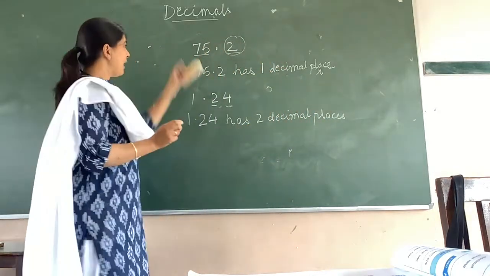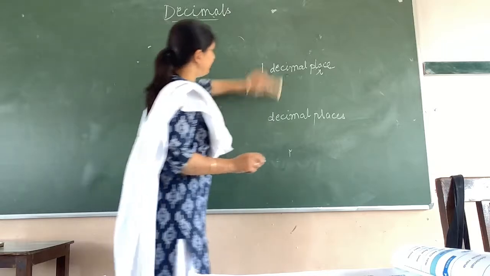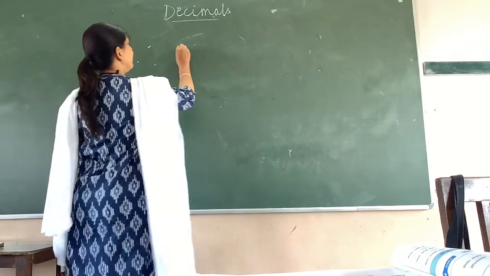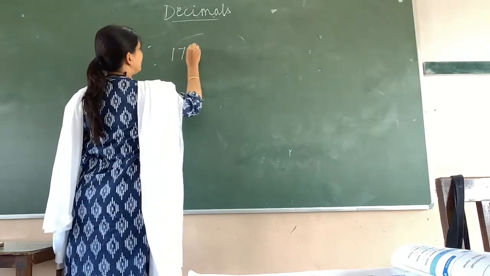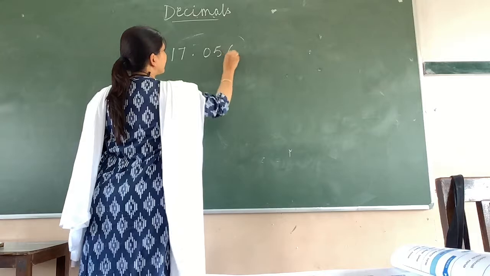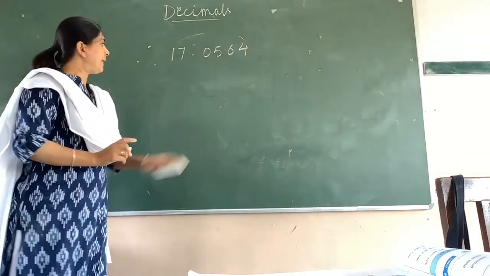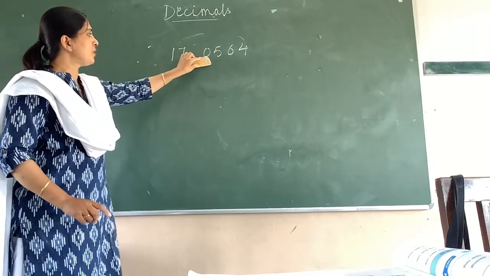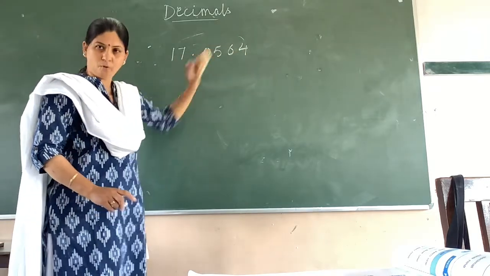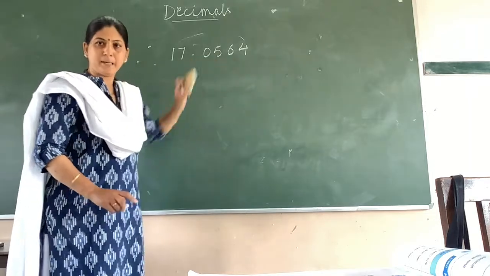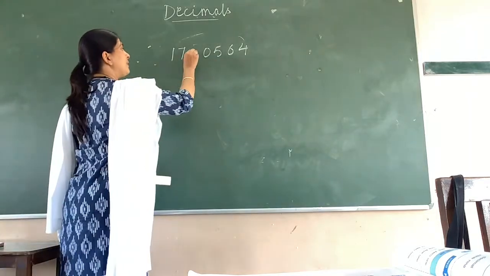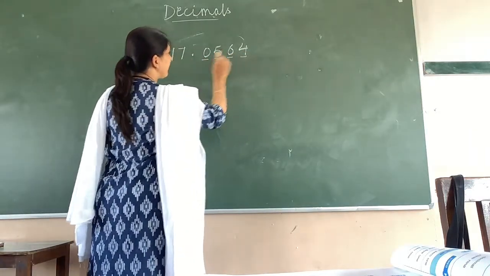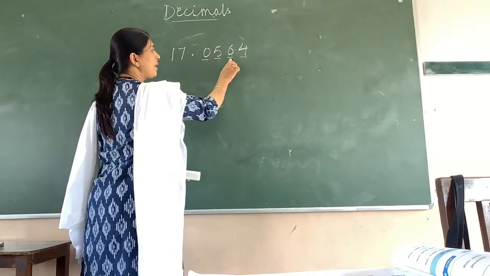Okay, now let me write down another number and let's see how many decimal places are there in that number. Now let's first read this number, 17.0564. This is the decimal number. Now see, after this decimal point, how many digits are there? 1, 2, 3, 4.